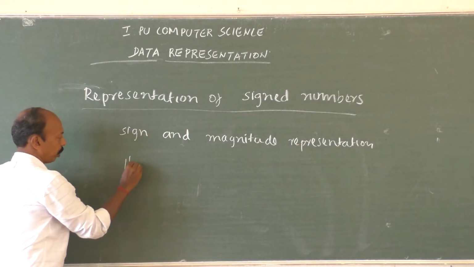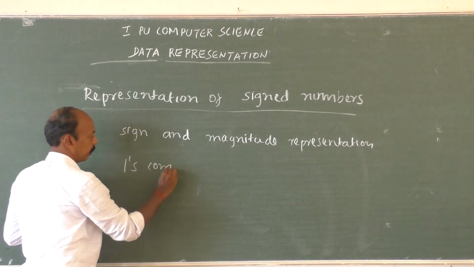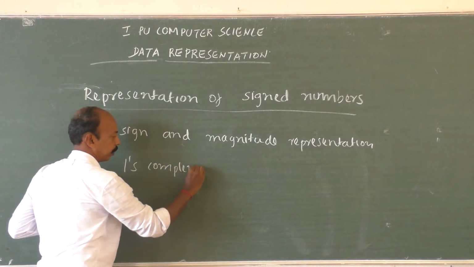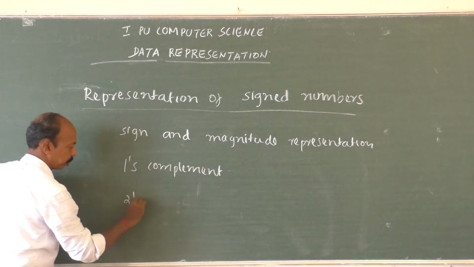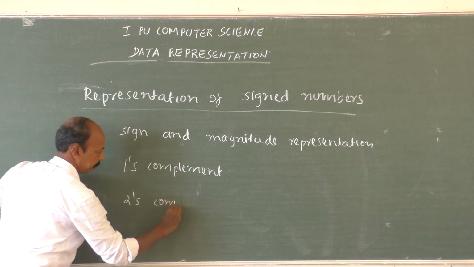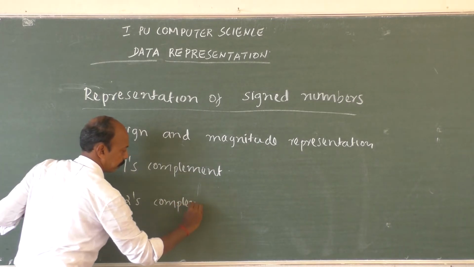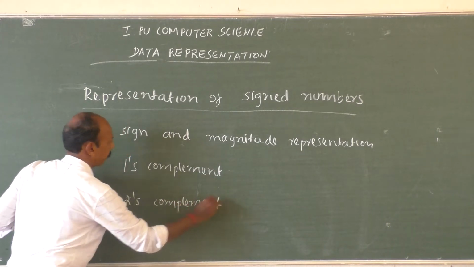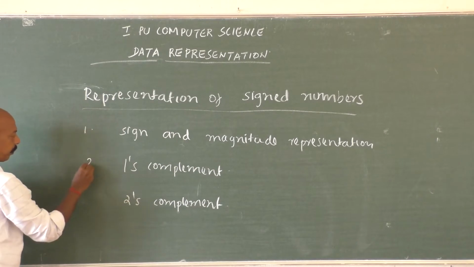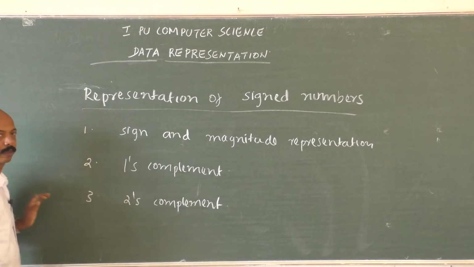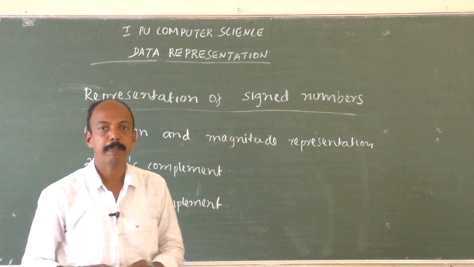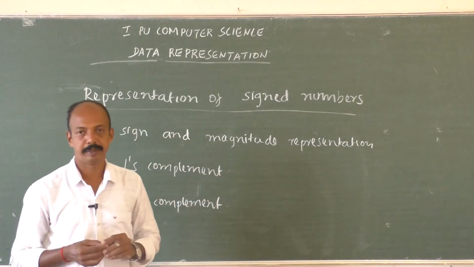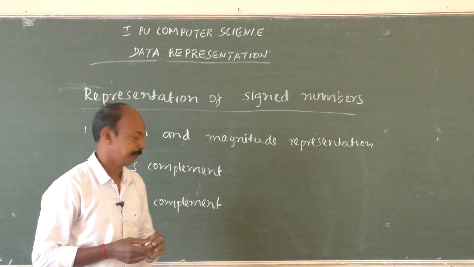Then ones complement. Then we have twos complement. These are the different methods how we can represent signed numbers. One by one we shall see.